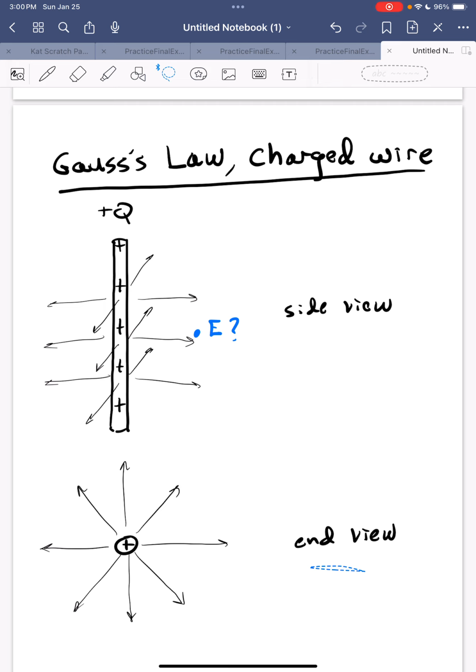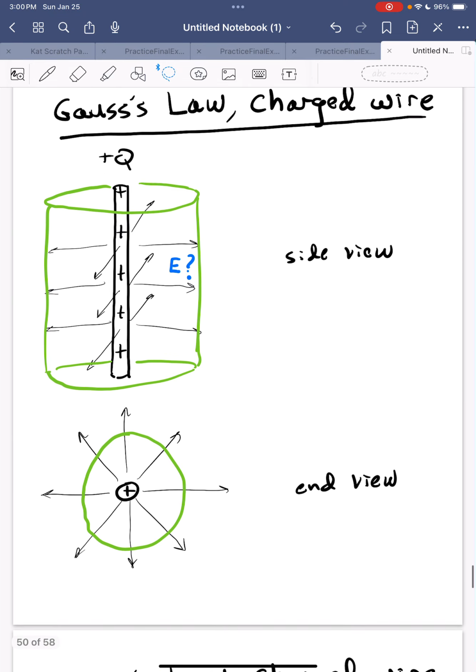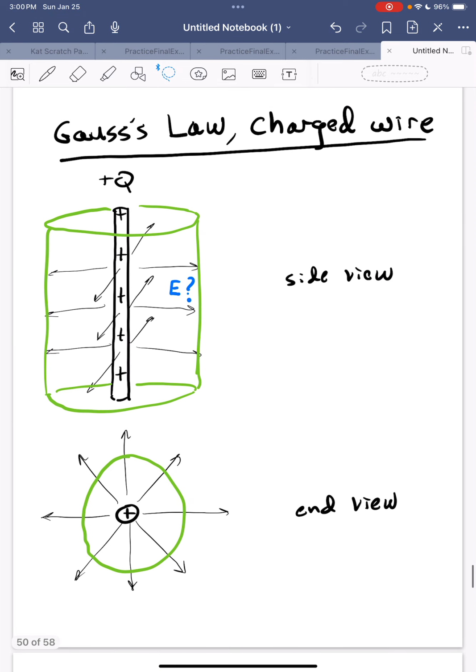Now, remember, in Gauss's law, what we want to do is pay attention to how these field lines come away from the charged object. And we want to enclose this object with a Gaussian surface such that all of the field lines penetrate the surface in a perpendicular fashion. I would claim that the best surface for this is a cylinder. So let's start with the top view, or the end view of the wire.